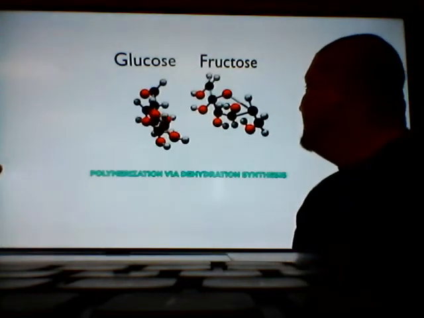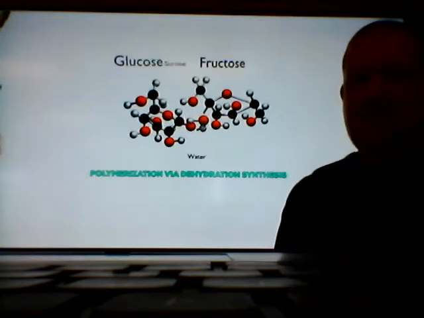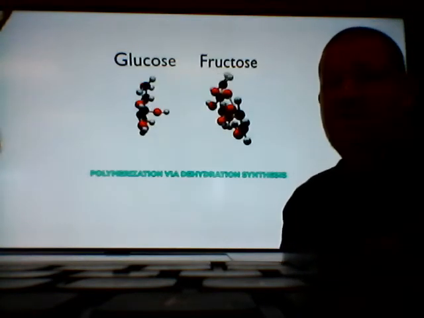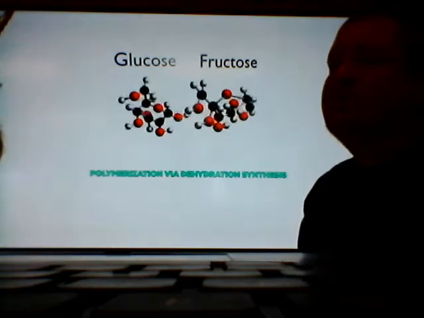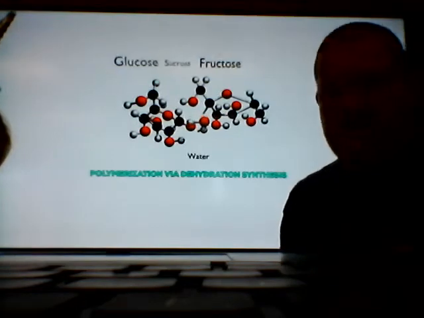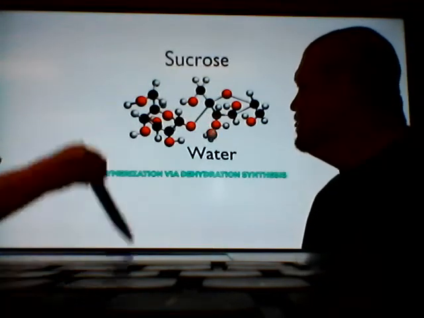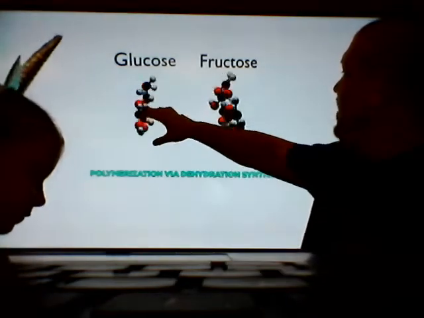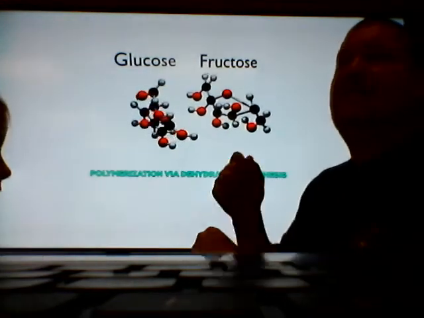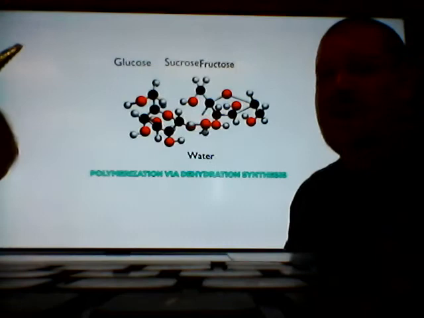That's right. So here we have two monomers, glucose and fructose. What you'll learn with Mr. Clemens is we know these are sugars, carbohydrates, because they end in -ose. But that's not our focus right now, just a little preview. So we have our two monomers. We're going to put those monomers together over and over again to form a polymer.